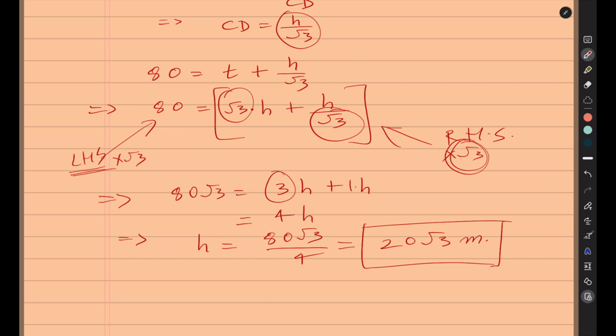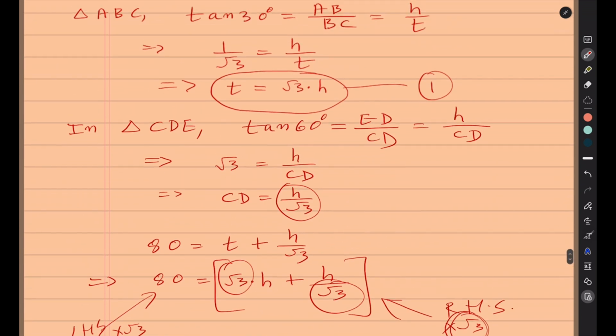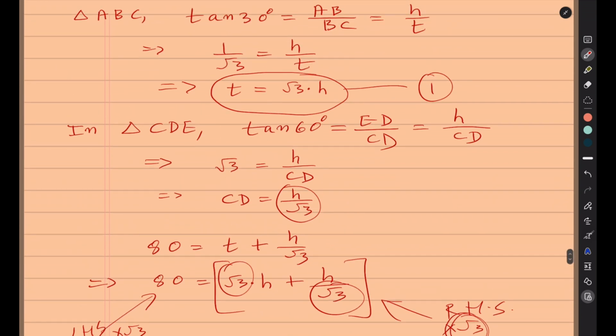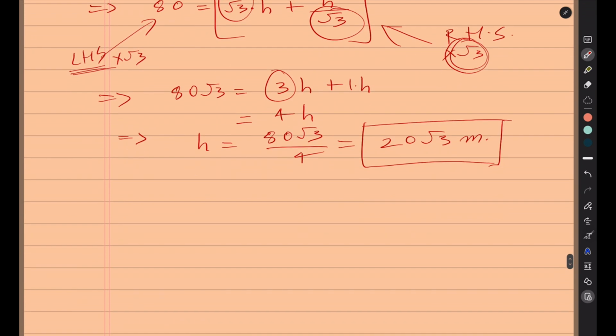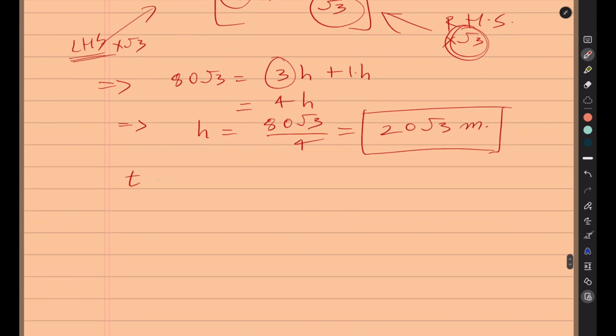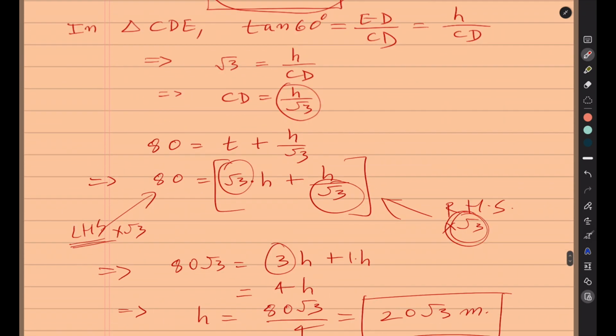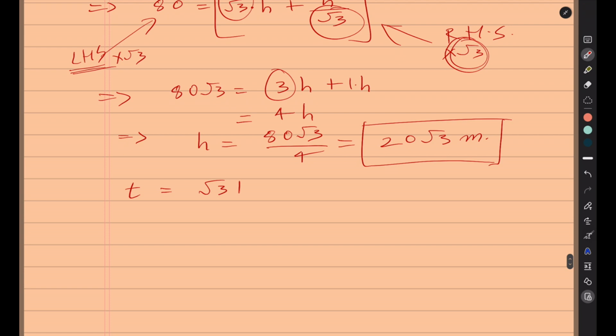So we have got the height of the pole, and then we know that we can apply this relationship: t will be equal to root 3 times h. T is equal to root 3 times h, that is root 3 times 20 root 3 meter.